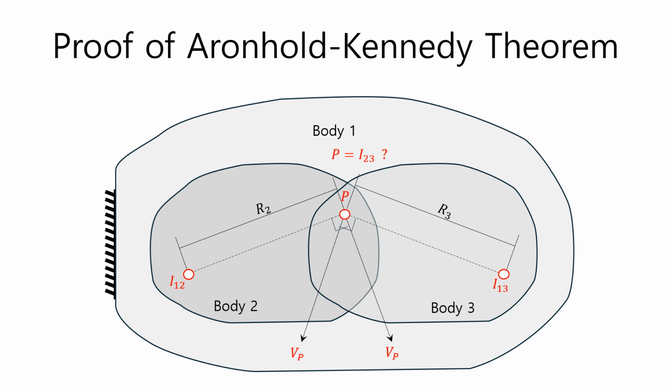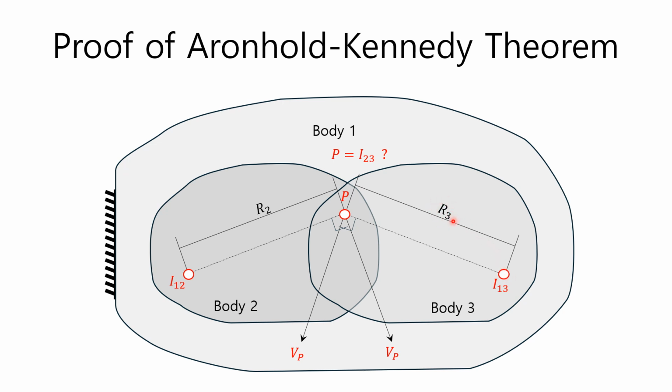First, let's assume that point P is the instant center as shown in the figure. The motion that body 2 can perform is to rotate around the instant center I12 with body 1, and the instantaneous radius of rotation at this time is R2. Similarly, the motion that body 3 can perform is to rotate around the instant center I13 with body 1, and the instantaneous radius of rotation is R3.